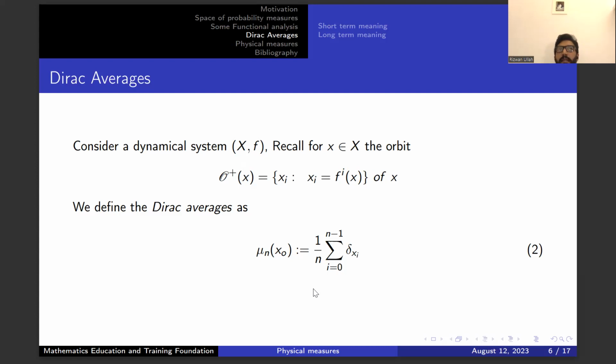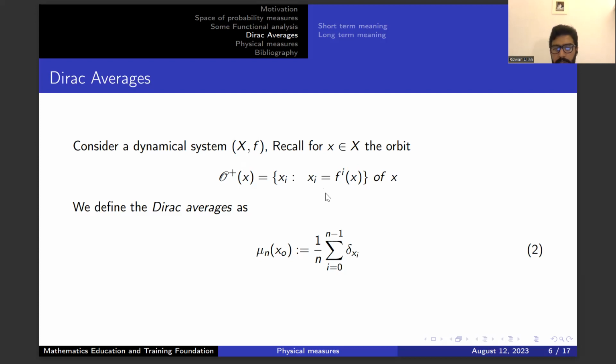It is the average of the Dirac measures associated to each element in the first n elements of the orbit. So in fact, you assign a Dirac measure to each and every element of the orbit up to the nth element, and then you form the average.